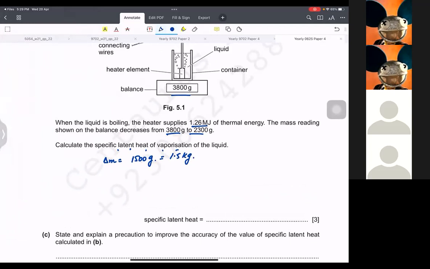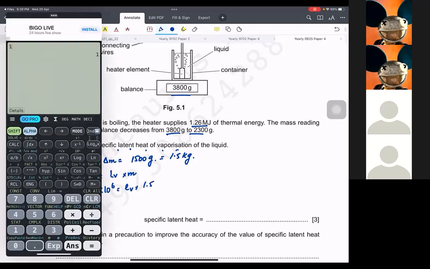And then I would use Q equals LV times M. LV is the latent heat of vaporization. The energy was 1.26 mega, which is 10 raised to 6. This is LV, this is 1.5. So what you do? You divide it by 1.5.